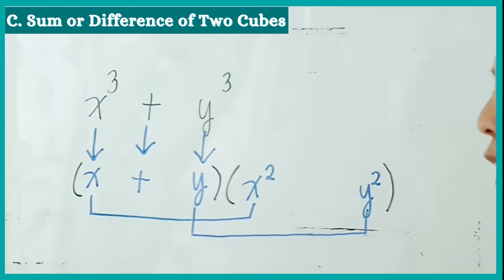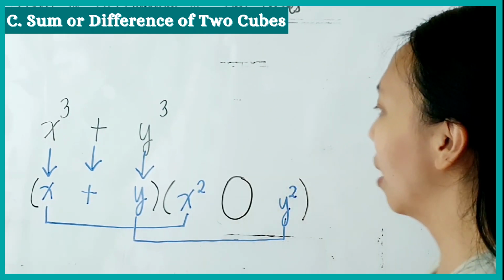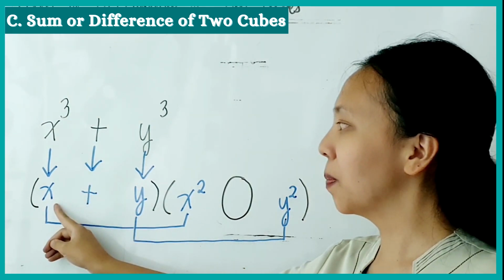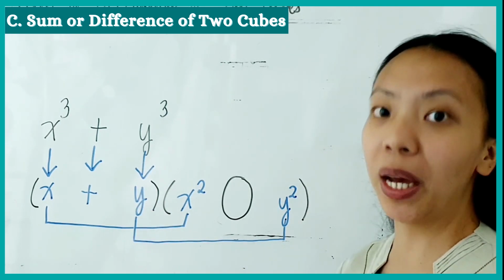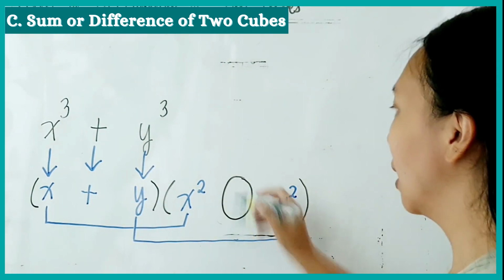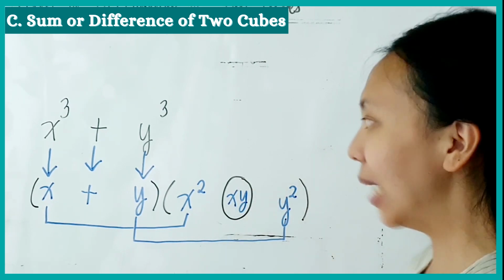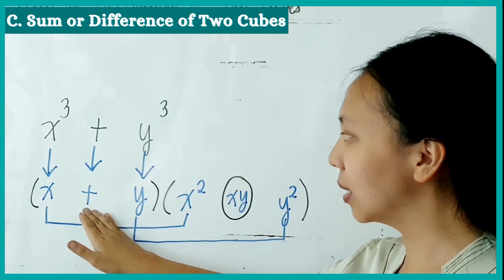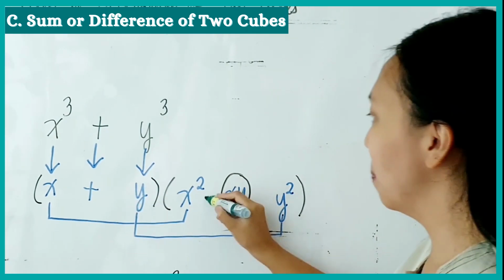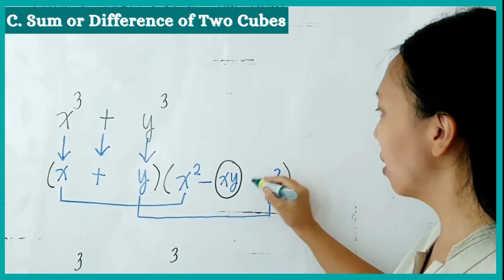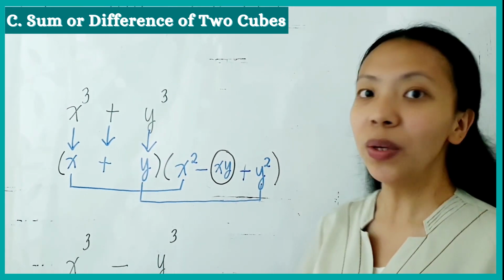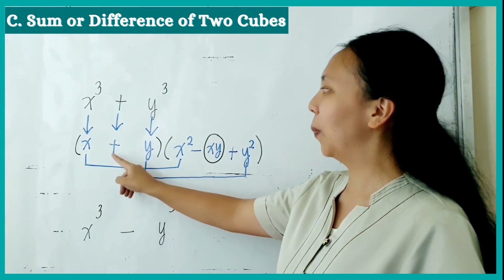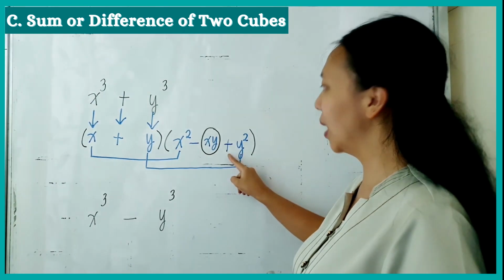To obtain the middle term of our trinomial factor, we multiply the first term by the second term of our binomial factor. X times y is xy. And we need to follow the pattern of the signs. If this is plus, the one here should be minus, and the one here is plus. So the pattern of the signs for a sum of two cubes is plus, minus, plus.